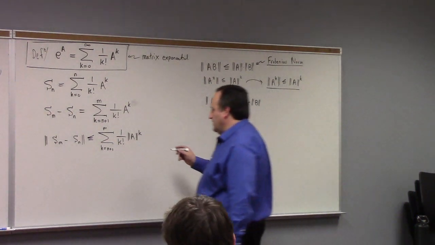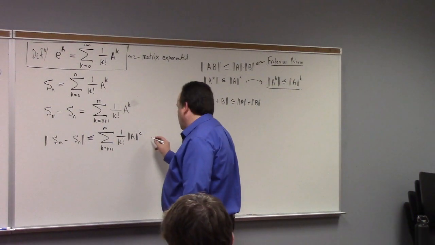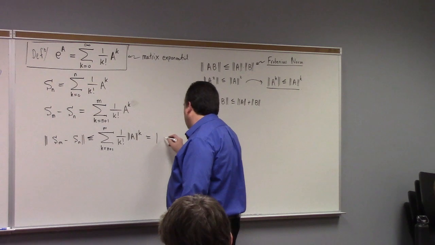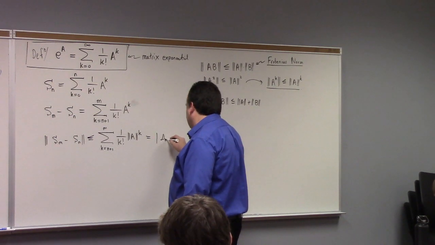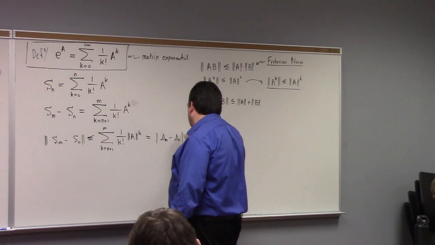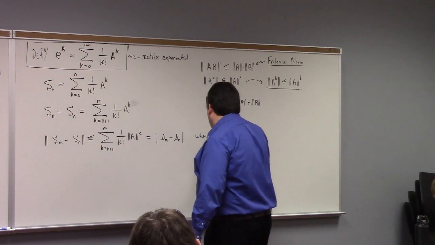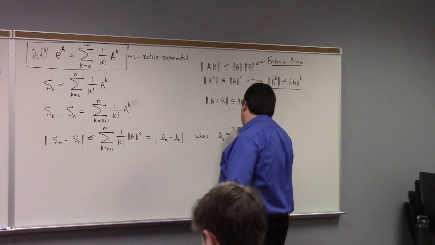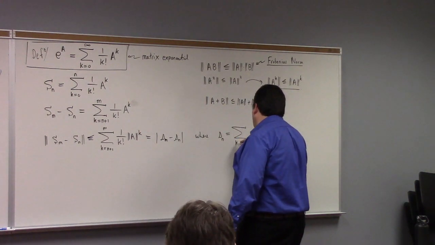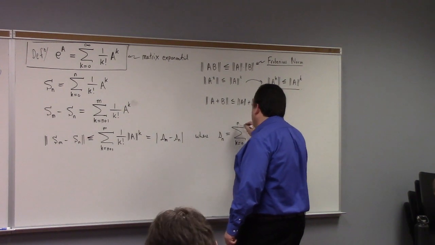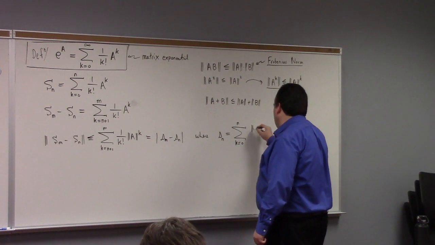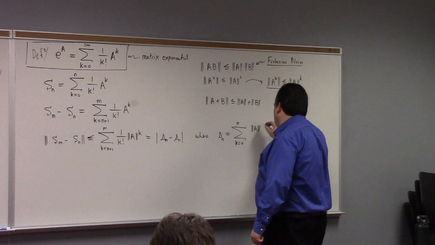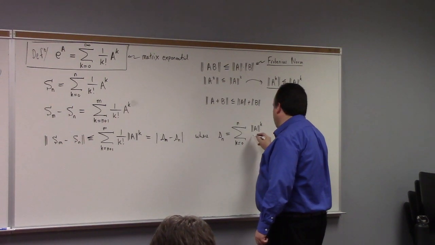But if you tilt your head and squint, you can see that that's actually the absolute value of Sm minus Sn, where Sn is equal to the sum from k equals 0 to n of the norm of a to the k power divided by k factorial.